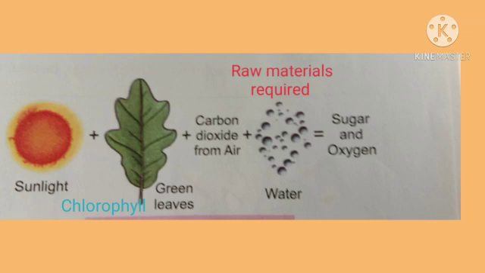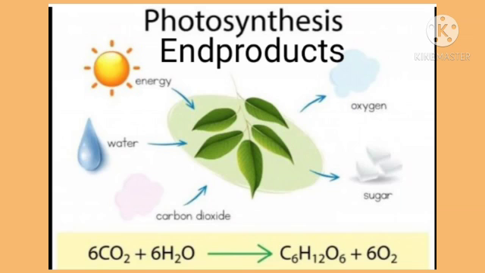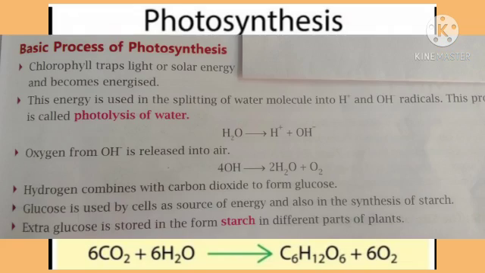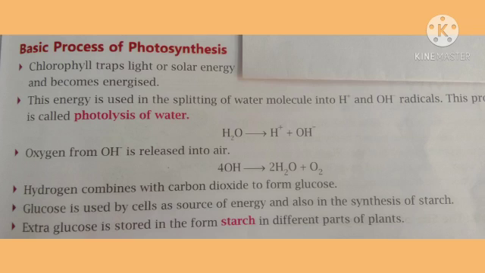Chlorophyll acts like a catalyst which helps in the reaction of photosynthesis but doesn't partake in it. The end products are glucose and oxygen. Oxygen is released into the atmosphere while glucose is stored in the plant as starch, which we eat. That is, the heterotrophs, the ones which cannot make their own food, eat this starch and use it in their body.